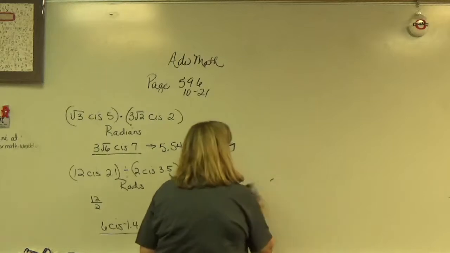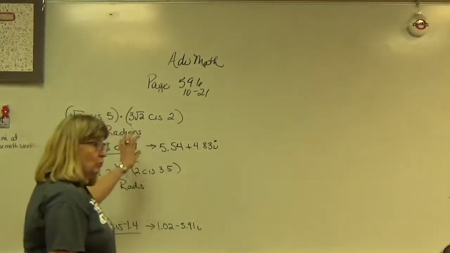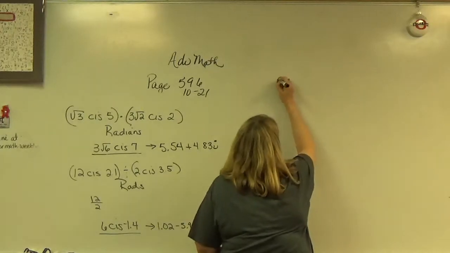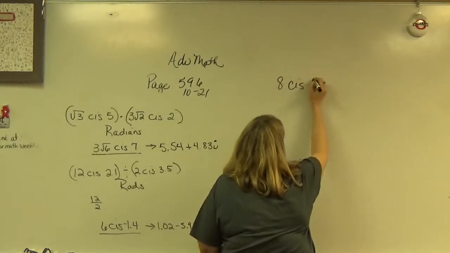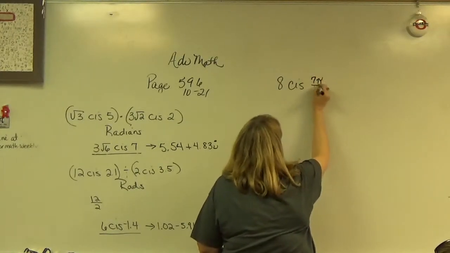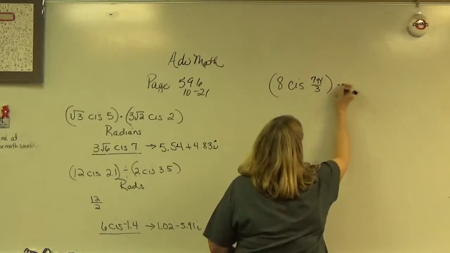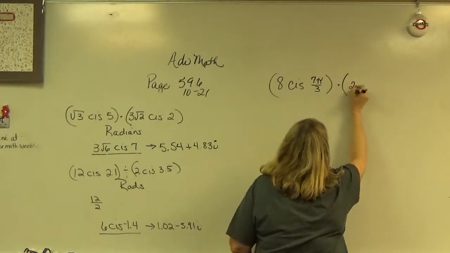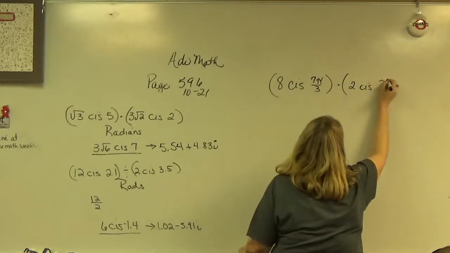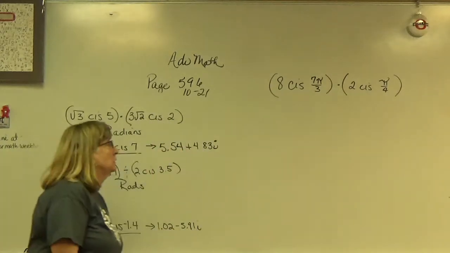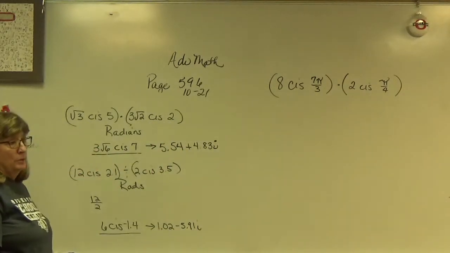I just want to do, we've done 2 with just totally rads, right? Yeah. Okay, now, what will I do on this one? That was a quotient, wasn't it? So now I'm going to do multiplication. What would I do on this example?